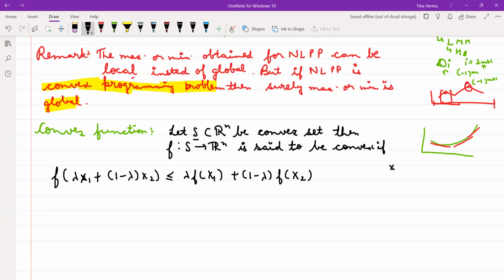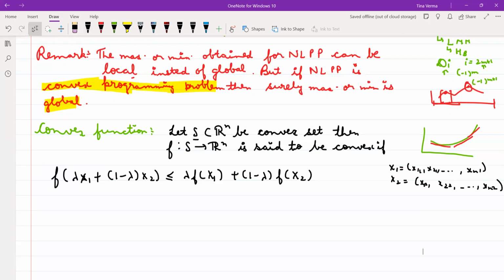Here x1 does not mean a single value. Because we are n-dimensional, x1 means the point x11, x12, up to x1n, and I am using the subscript 1 because this is the first point. Similarly x2 is an n-dimensional point, the second point. If you remember, we have already done this in convexity.